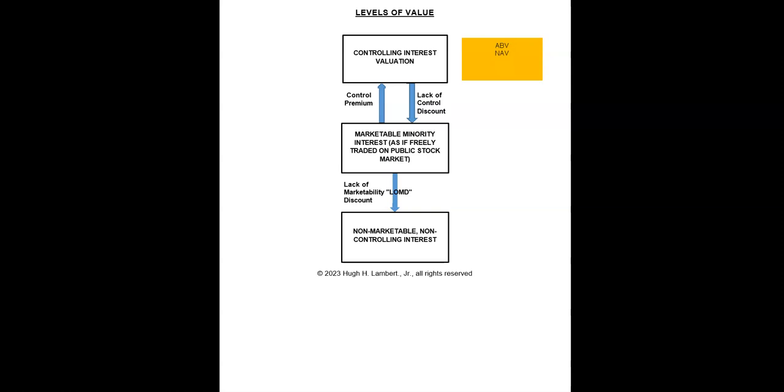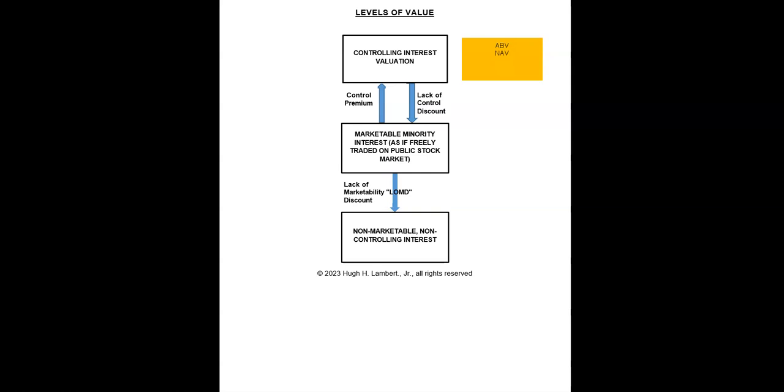If one company acquired another company, where do you think that valuation would occur on this levels of value chart? Is that a controlling interest valuation or a non-controlling interest? Pause the video for a moment and make your prediction.